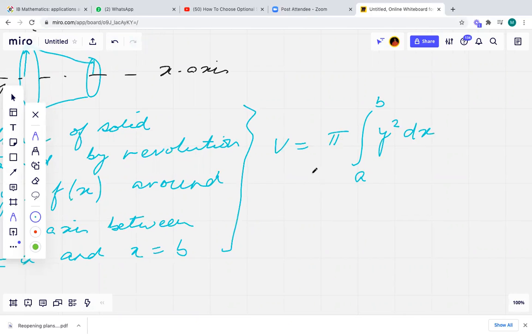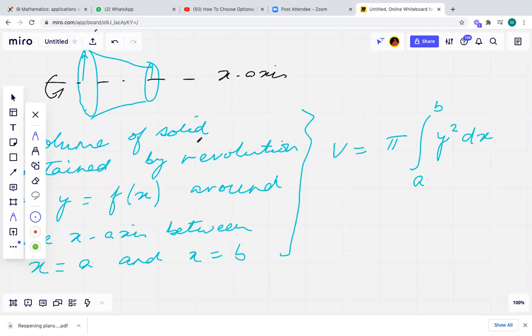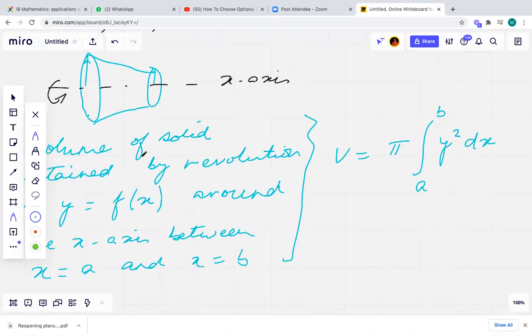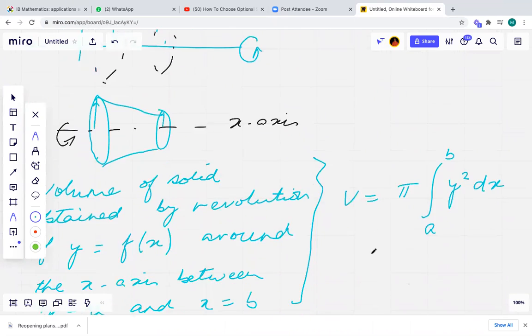Have you understood? So this is basically the volume of the solid obtained. When you rotate a line or a plot, you get a three-dimensional figure. See, area is two-dimensional, it's a plane. This is volume.